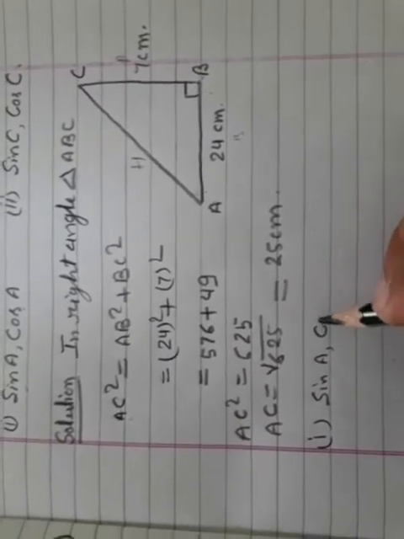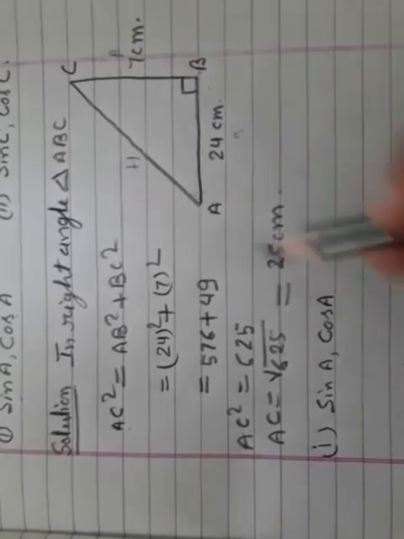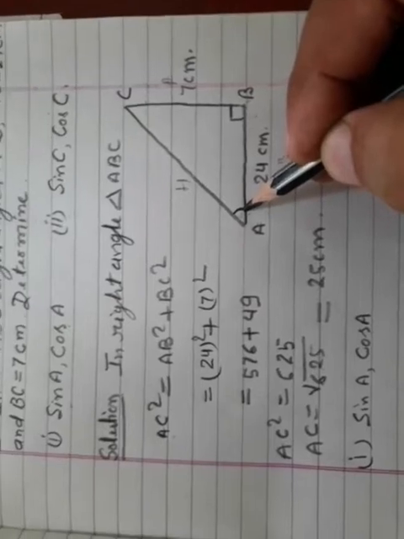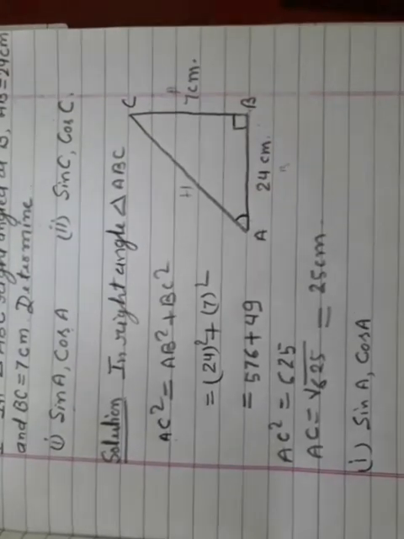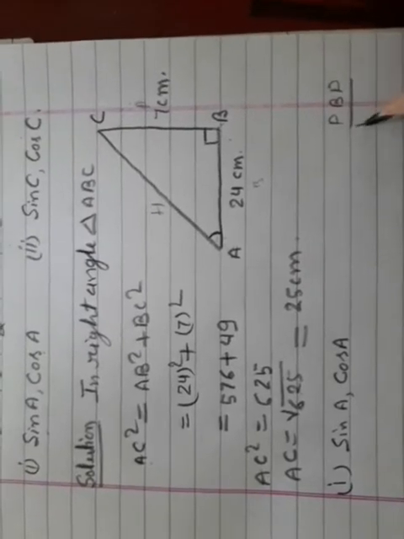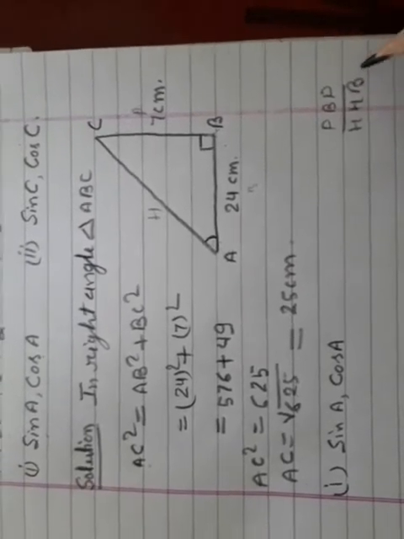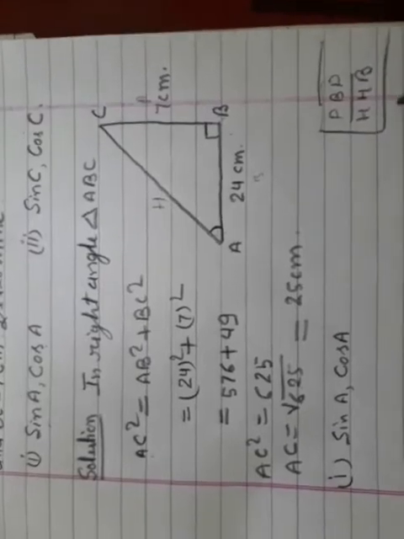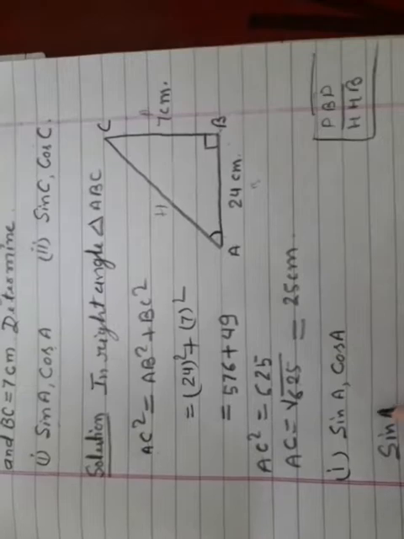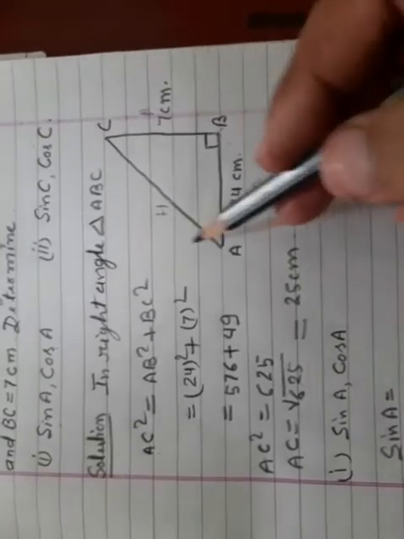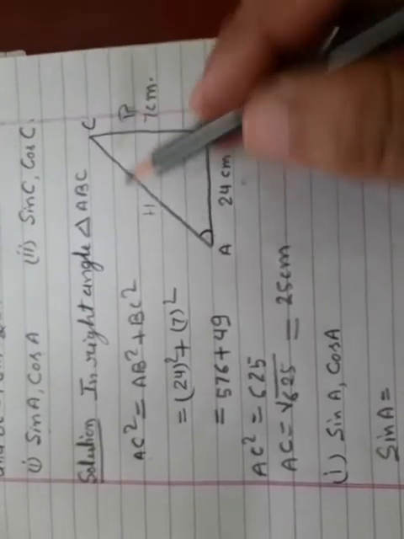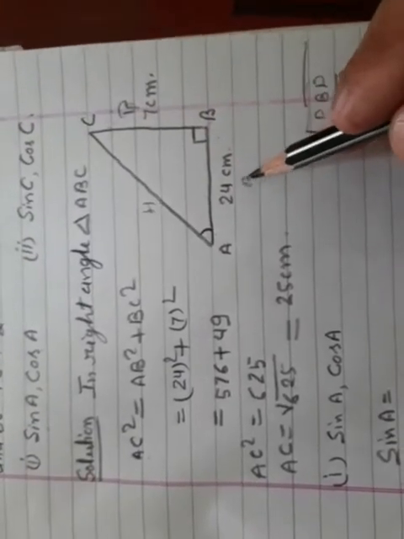Clear? Now find here first one, sin A and cos A. So sin A, the angle is this angle. You know that Pandit Badri Prasad Har Bole. This one is the rough one. Now see here, for sin A, the angle is A. So this one is the perpendicular, this one is the hypotenuse and this one is the base.